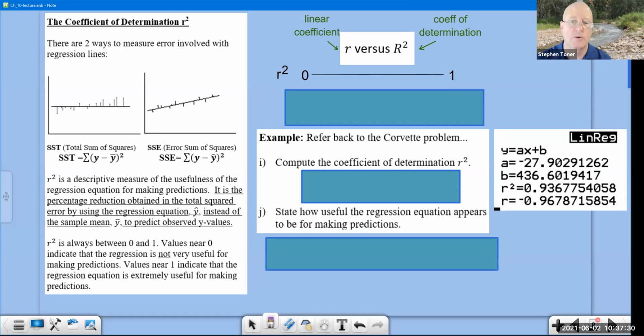Continuing on, now we're going to talk more about this r and the r squared, beginning with r squared, which is known as the coefficient of determination. And we already know there's a couple of ways of measuring error, and we've been talking about this model over here on the right, where you have all these little residuals drawn in, and we talked about finding the sum of their squares.